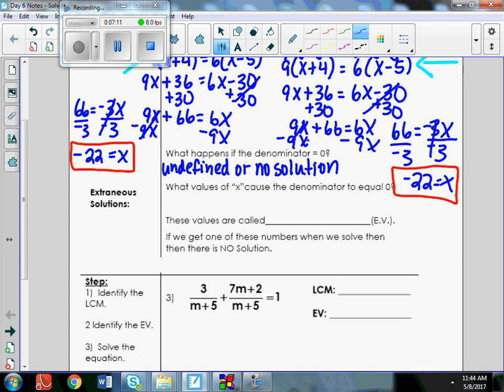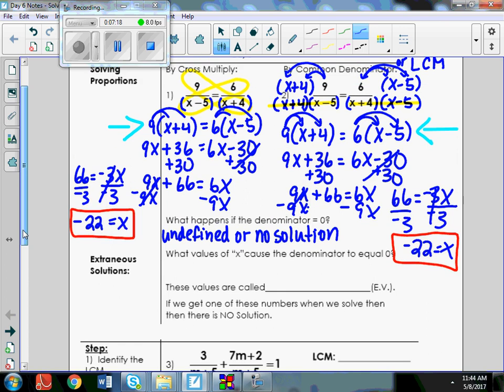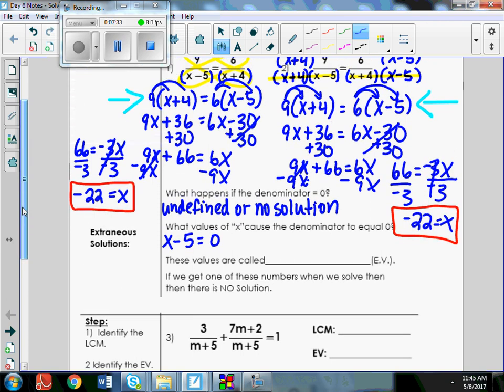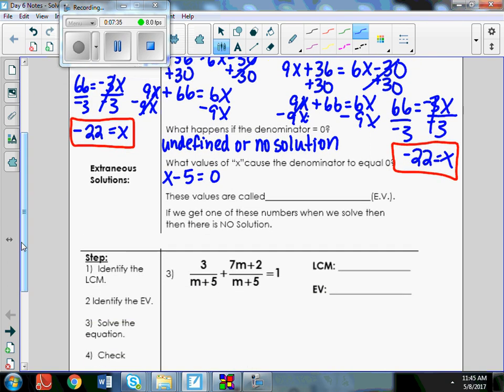So it's asking us what values of x in the example that we just did would cause the denominator to equal 0. So one of my denominators was x minus 5, and the other one was x plus 4. So if I had x minus 5, I would set it equal to 0, take your denominator and set it equal to 0, and solve for x.